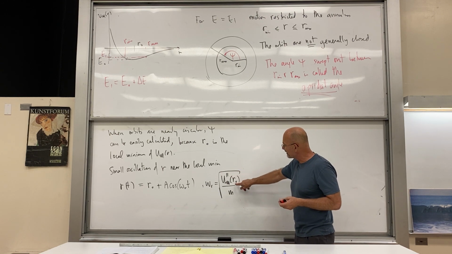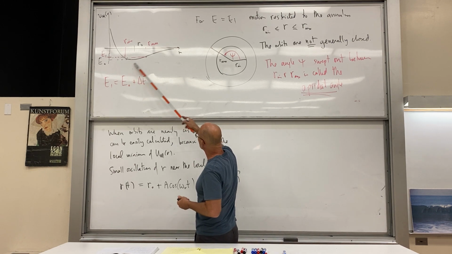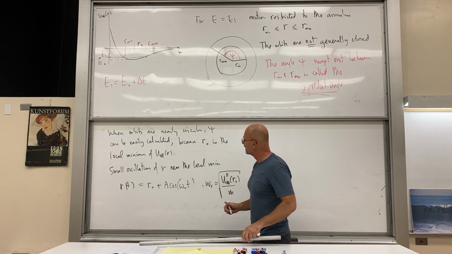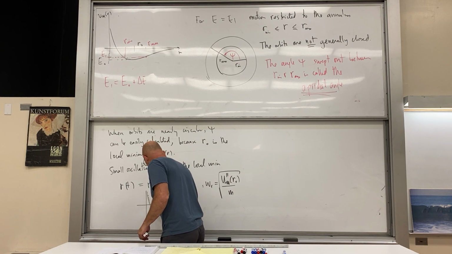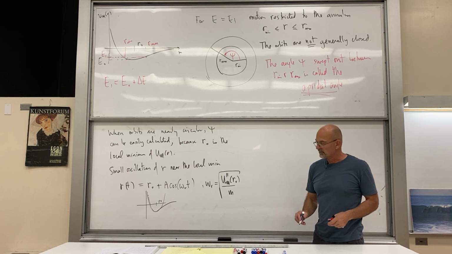Here it's the second derivative of the effective potential divided by the mass, because that's why we have effective potential in the first place. We're right around there, and I remind you, we are fitting a parabola into that curve.